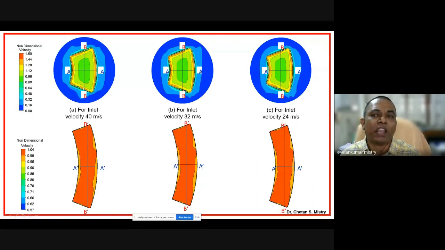I may need to check my cascade at different flow velocity, different Reynolds number, different Mach number, so I need to vary my inlet mass flow rate condition. Here, with changing from maybe 40 to 24 meters per second, the core region is not getting affected at the entry, and at the exit also I'm getting kind of uniform flow.